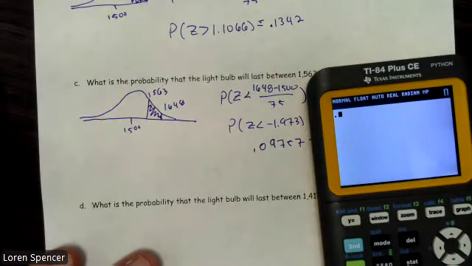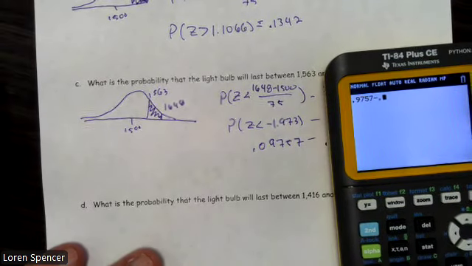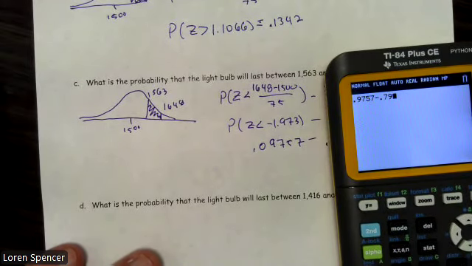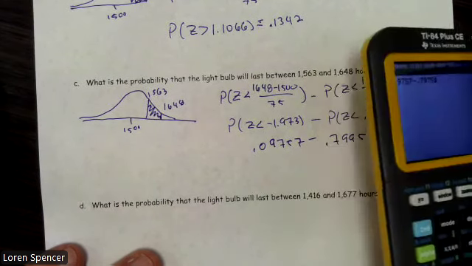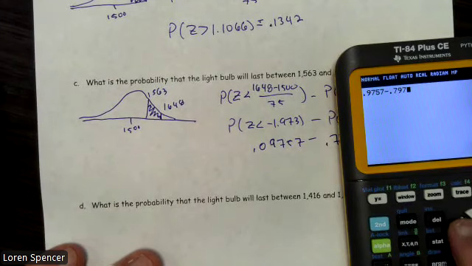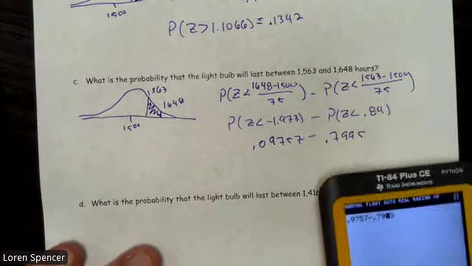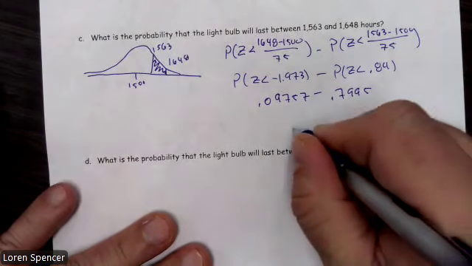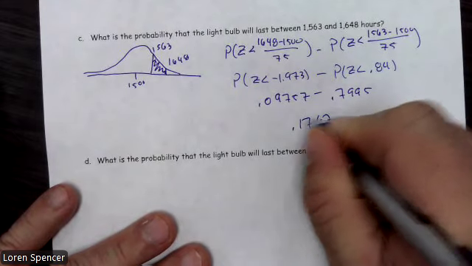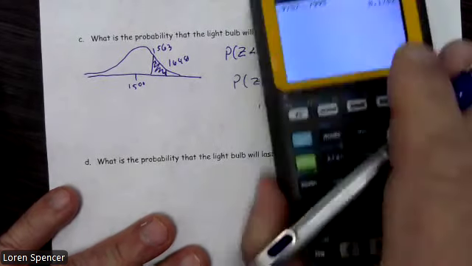So 0.9757 minus 0.7995 is 0.1762, which is our answer.